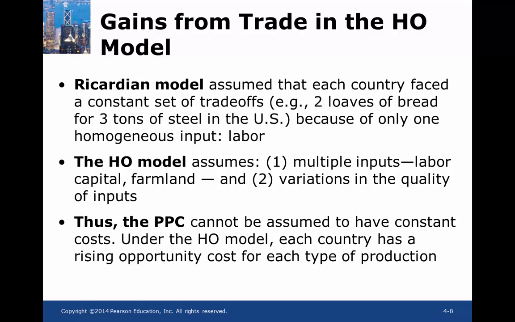The HO model assumes multiple inputs: labor, capital, farmland, and variations in quality of inputs. Thus, the PPC cannot be assumed to have constant costs. Under the HO model, each country has a rising opportunity cost of each type of production.